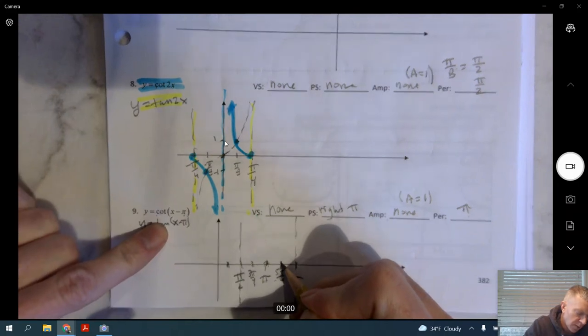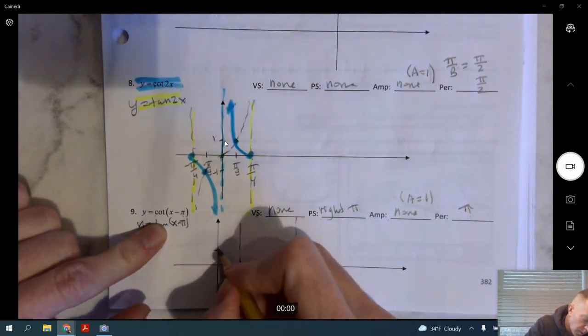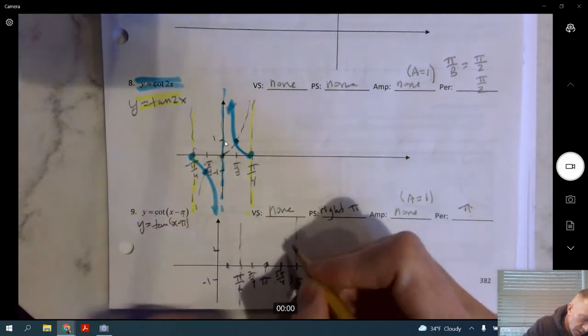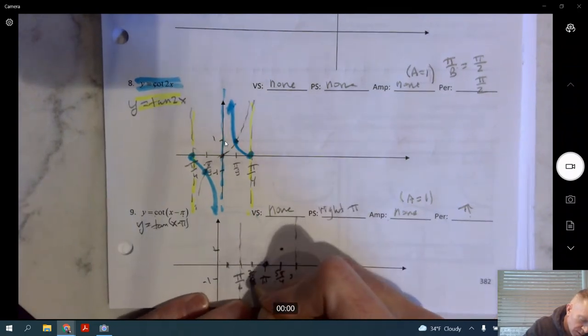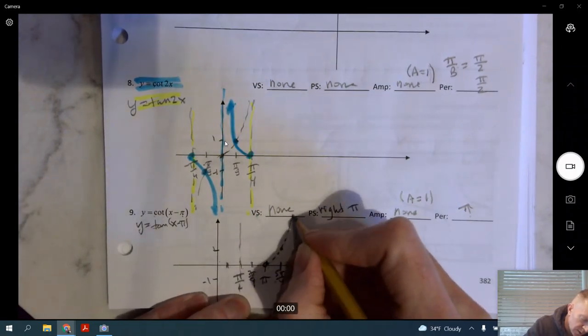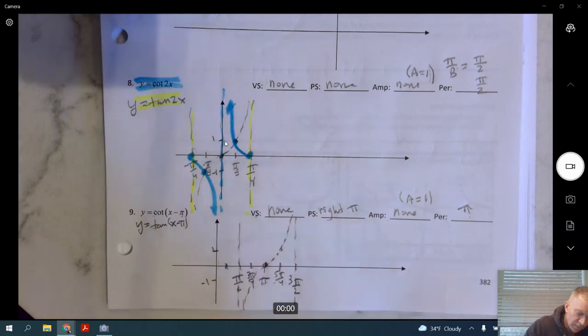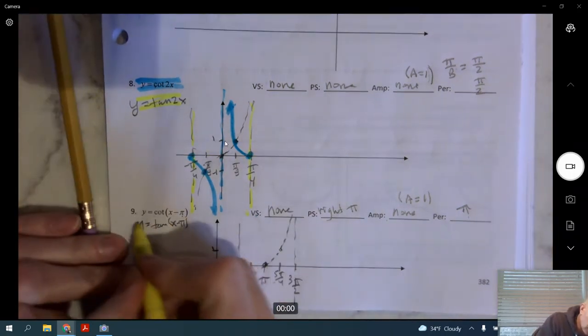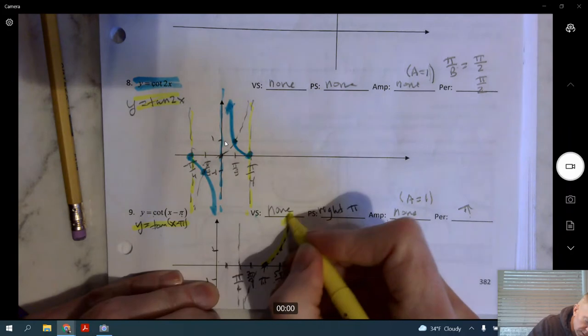On the tangent graph, my y value a is 1, so I'd be up at 1, down at negative 1. I'm just going to draw this dotted because this is the tangent graph. So my tangent graph looks like this.